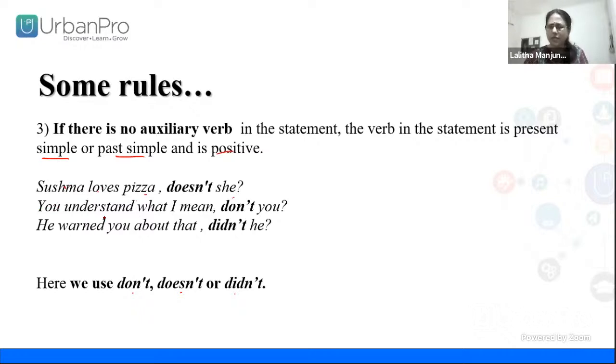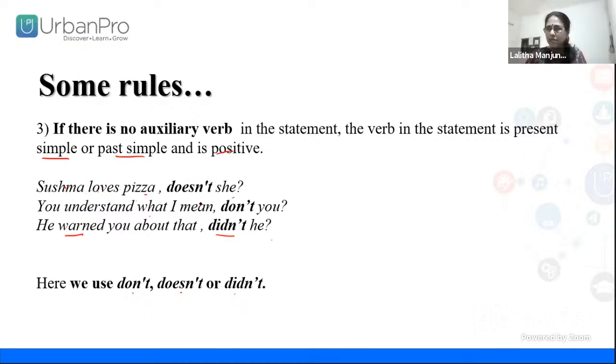You understand what I mean. Not doesn't you. It should be don't you. Okay. He warned you about that. So this is in the past tense. So I have to put didn't he. So based on whether it is simple present or simple past, for positive sentences, we have to add the auxiliary in the tag because it is not already present.